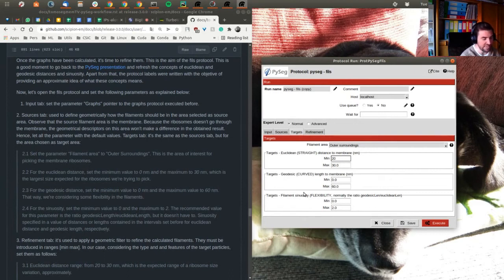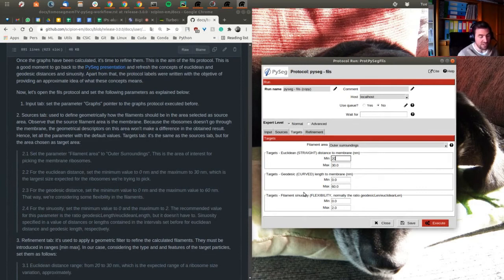The Euclidean distance is the straight line which goes from the source point to the target point, while the geodesic length will be the distance across the streets, which won't be, unless in a few cases, a straight line. It would be something like this across the streets, which is what we call curved.